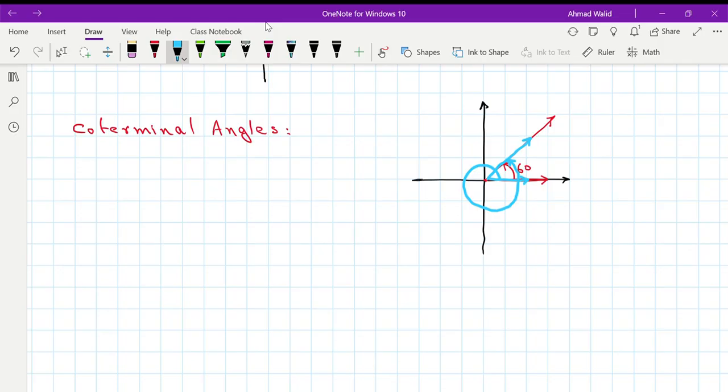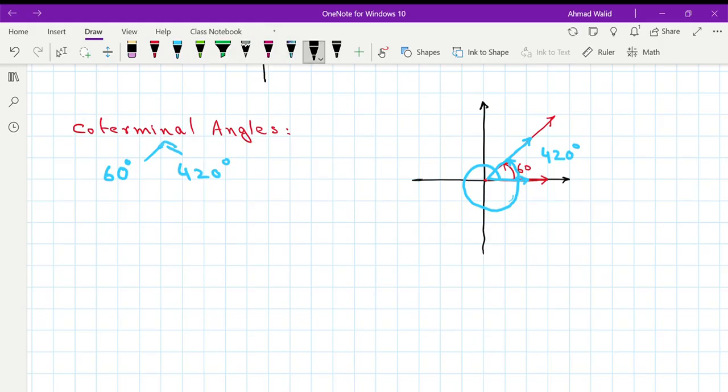The initial side lies on the initial side. The terminal side should lie on the terminal side. If I count this angle, that will be the coterminal of the 60 degrees. Let's count. From here to here, you did a full round, which gives you 360. And you did 60 more. 360 plus 60 gives you 420 degrees. Now, you can say the 60 degrees and 420 degrees, they are coterminal angles.